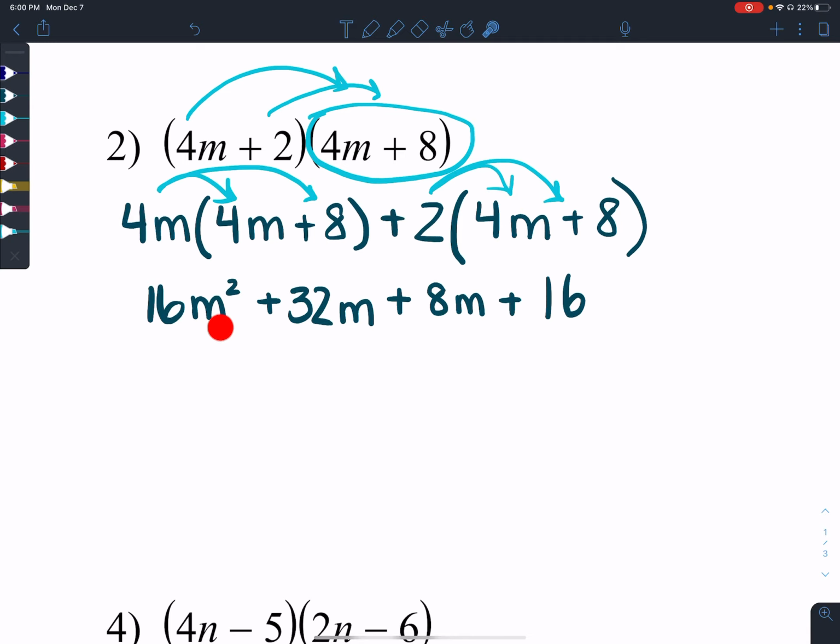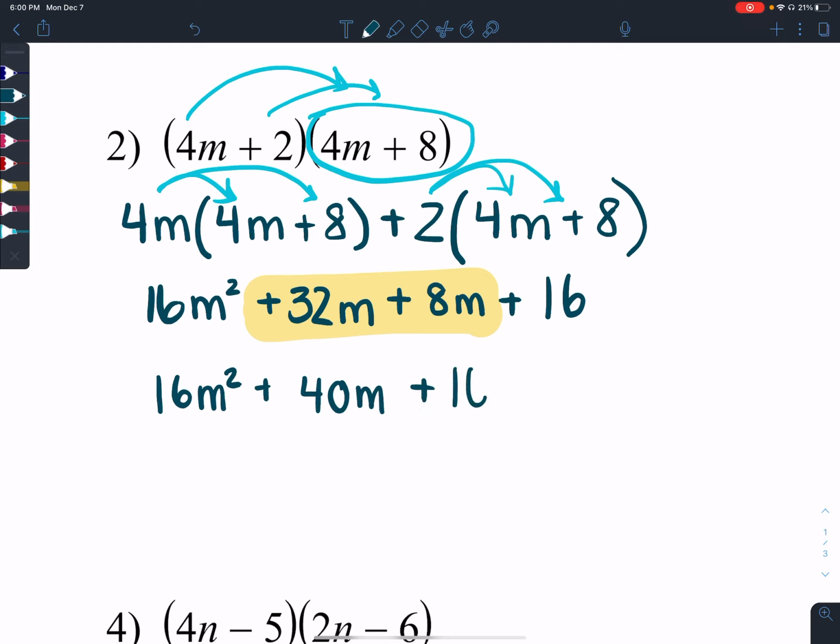And we check, we have an m squared, an m, and a number. These two in the middle, those match. So now we have 16m squared, that we just rewrite. These two we add together, 32m plus 8m, we get 40m plus 16.